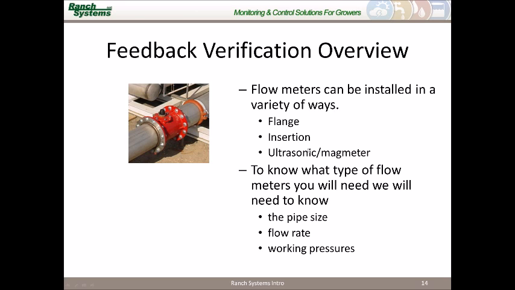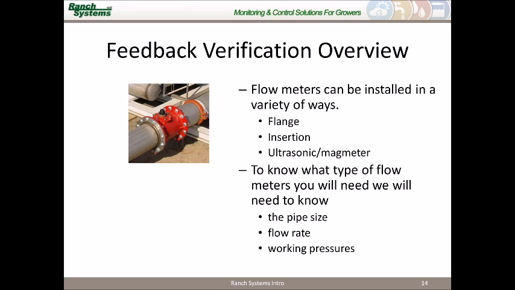And then there's also some newer ones that are called ultrasonic or mag meters that actually attach to the outside of the pipe, or also work as an ultrasonic mag flange meter, and they have no moving parts, whereas the two top ones here typically do. So the things to consider when you're looking for a flow meter, we need to know the pipe size, the flow rate, the working pressures, and also an idea of the water quality.